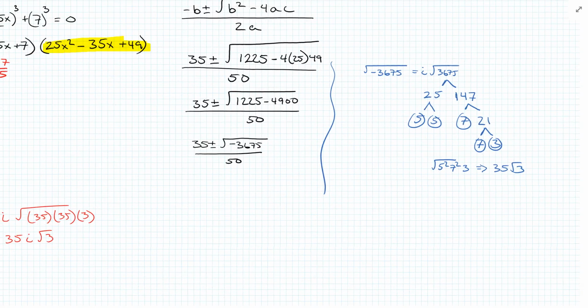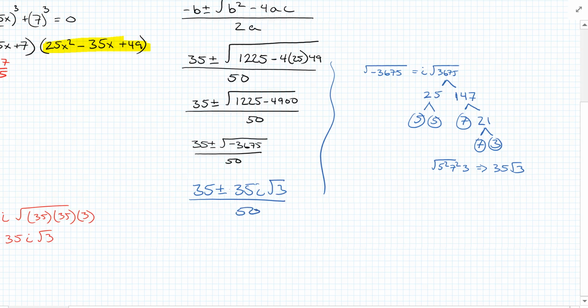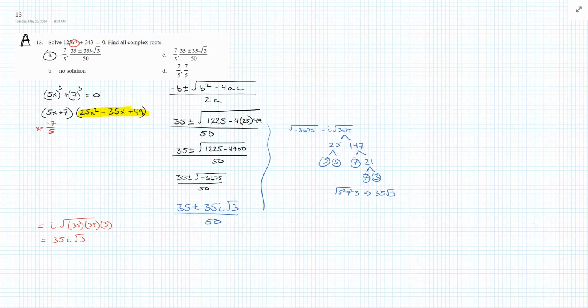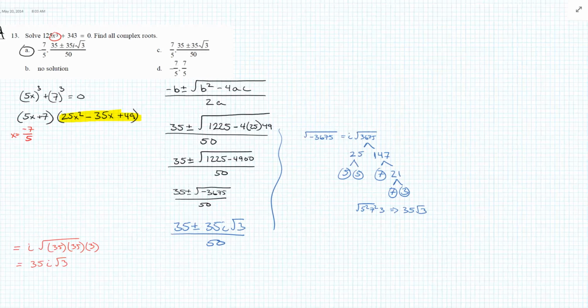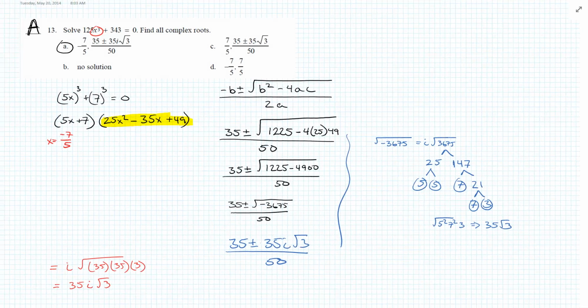So now I have 35 plus or minus 35I square root of 3 all over 50. They didn't factor it any further, but there you go. 35 plus or minus 35I square root of 3 over 50. So again, the answer is A. Hopefully this makes sense. Again, you could have solved it pretty quick once you found one of them, knowing you need 3 answers.